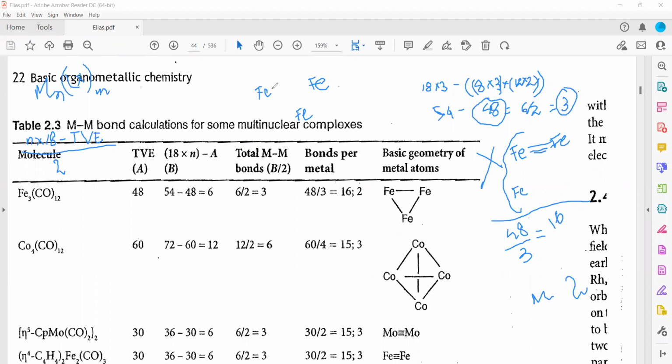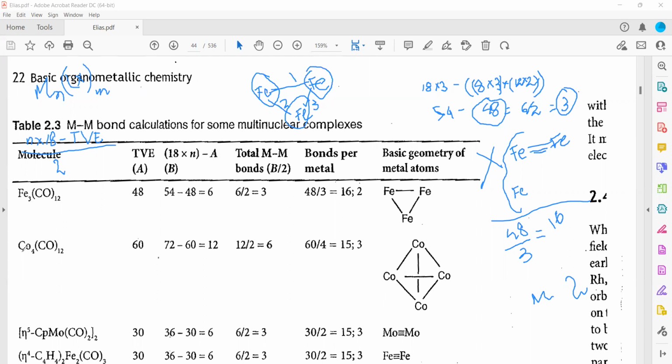One metal is forming 2 bonds, so there is only one way of drawing it, it's like this. Each metal is forming 2 bonds, and the total number of metal bonds is 3. So this is the only way you can draw the framework here.